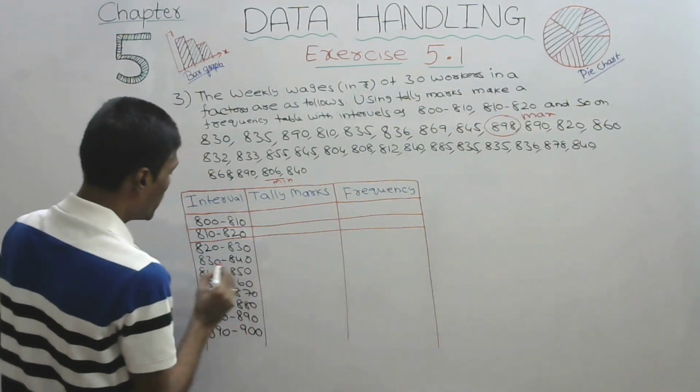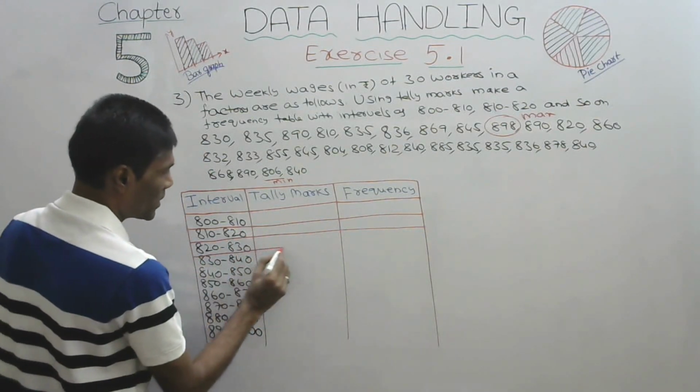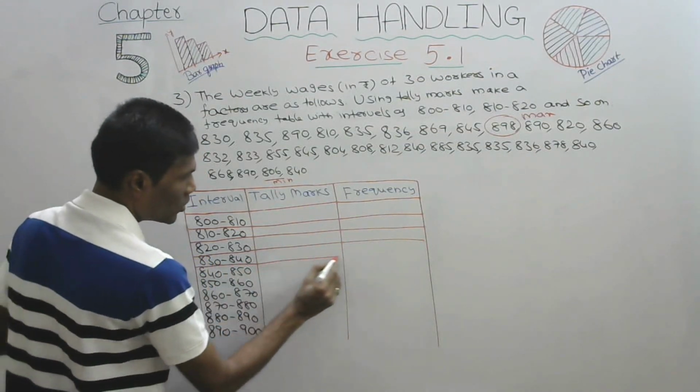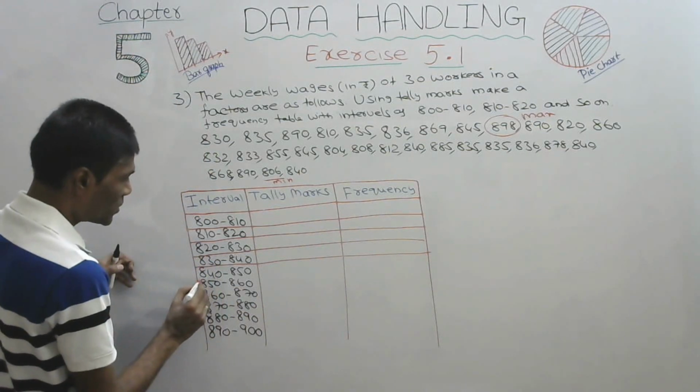Let us see how many we will get for each one. So by using tally marks, we are going to do the frequency distribution table.